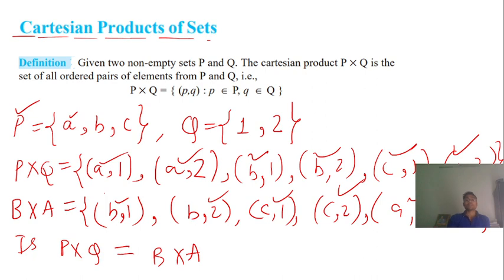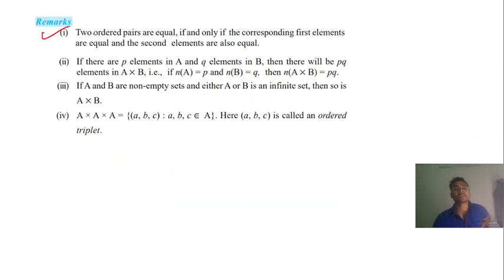So since all the elements are the same in P cross Q and B cross A, these Cartesian products are equal. Okay, if suppose I just replace it here with 2 comma A, then they are not equal because the order has been distorted. Okay, so in this case this is not equal, but if I write A2, then these sets are equal. So the first point is illustrating the same thing here. Two ordered pairs are equal only if the corresponding first elements and second elements are equal.